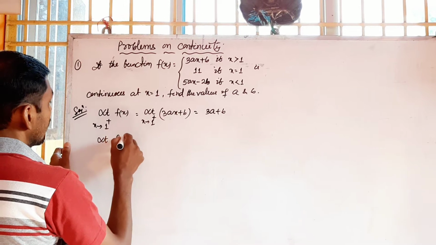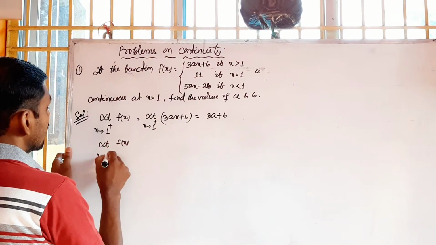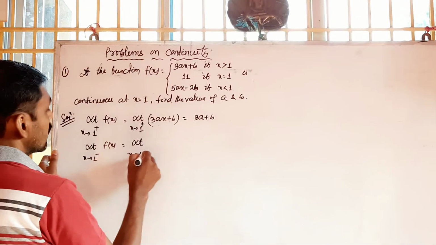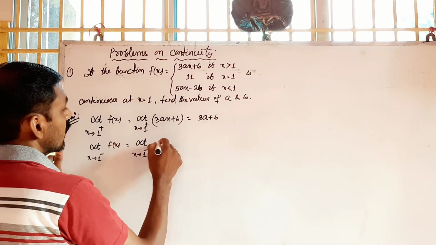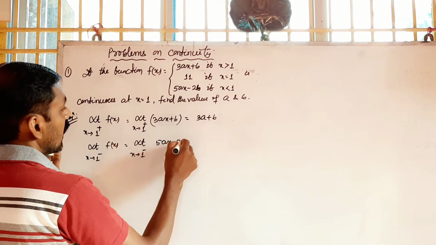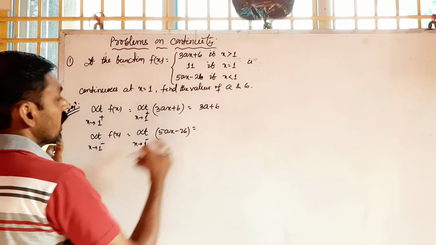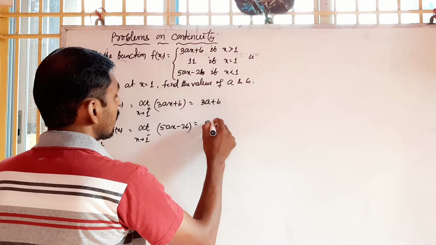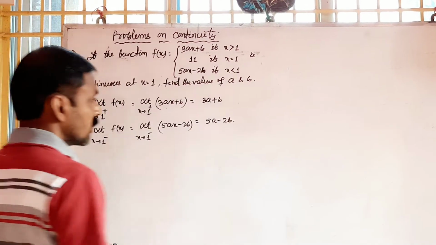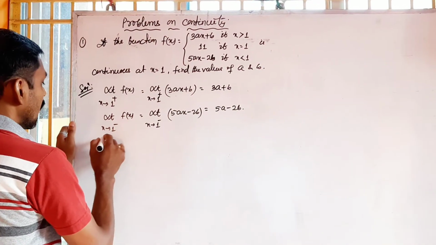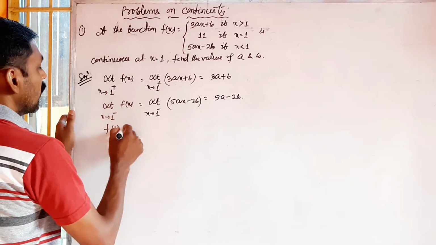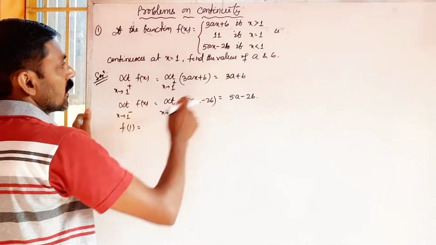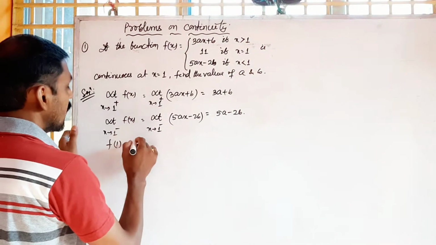Similarly, limit of f of x as x tends to 1 minus. So limit x tends to 1 minus, for less than 1 it is 5ax minus 2b, and being an algebraic function, here also you can put directly x equal to 1. So it is 5a minus 2b. And f of 1: when x equal to 1, f of 1 is 11, it is given.